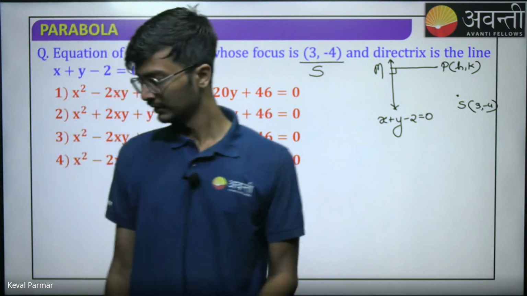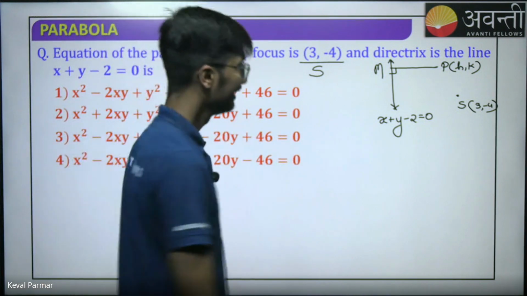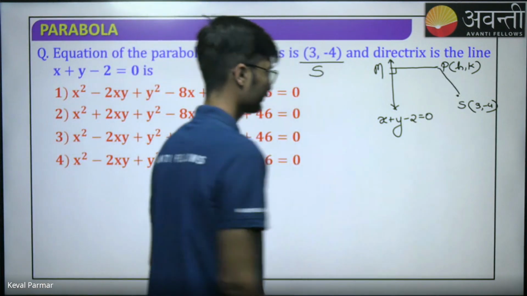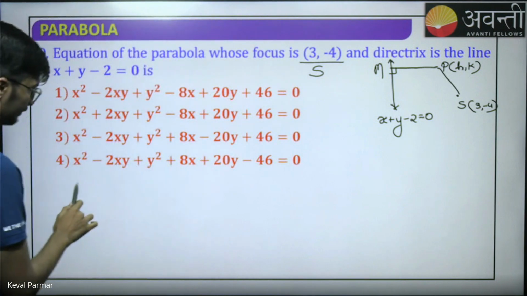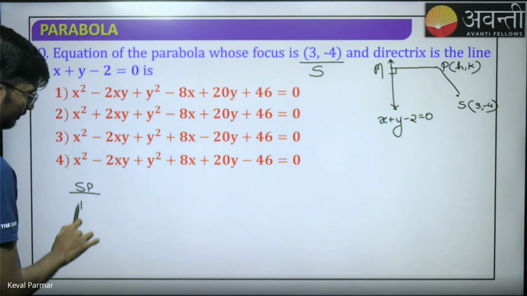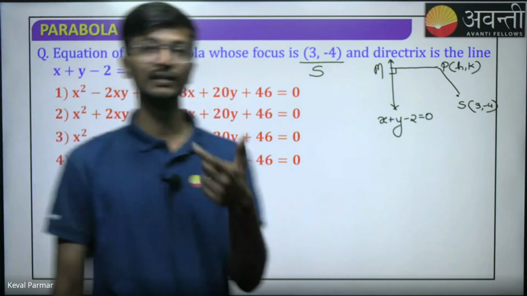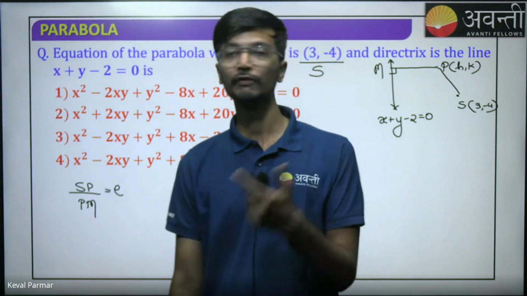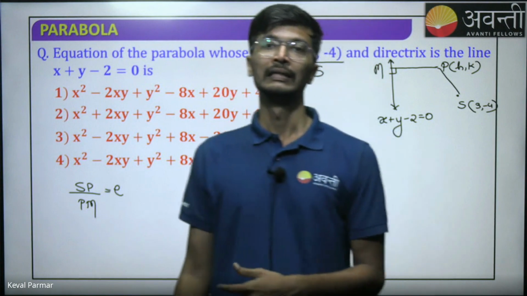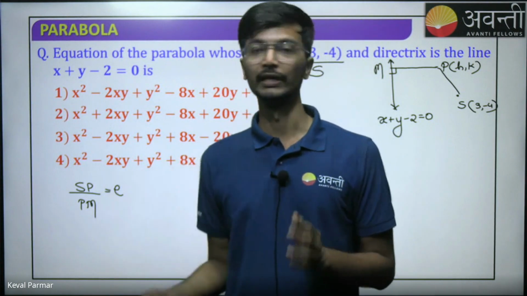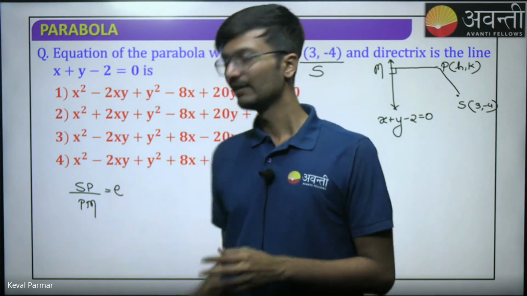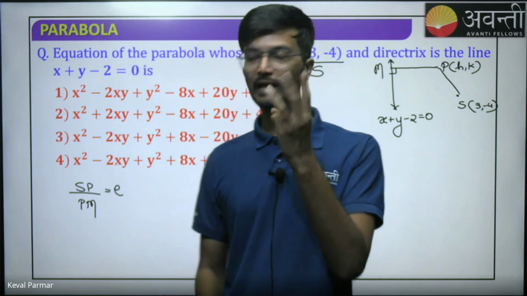From the property, we know that SP upon PM is equal to e. This was the basic definition of conic. Depending on the value of e, we get a parabola, ellipse, or hyperbola.